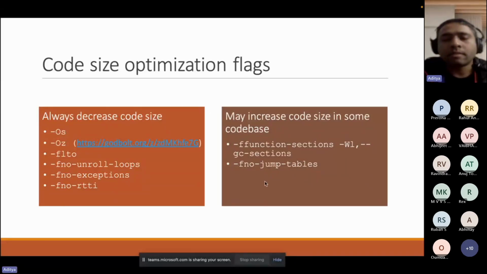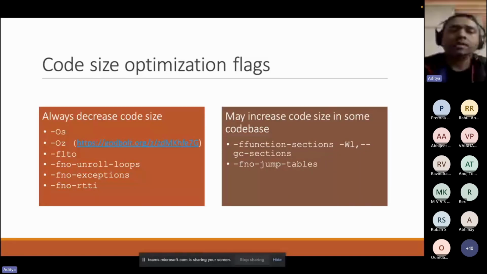There are some other flags which are a hit or miss. First one I have mentioned here is -ffunction-sections. Quite a tongue twister, but what happens is when we pass this flag, the compiler will put every function in a separate section. This helps the linker figure out which functions are dead, so the linker can do dead code elimination with this flag.